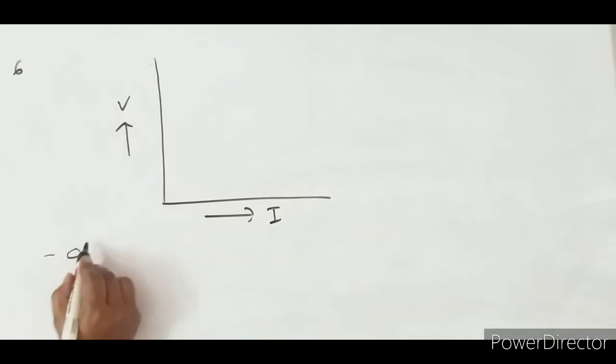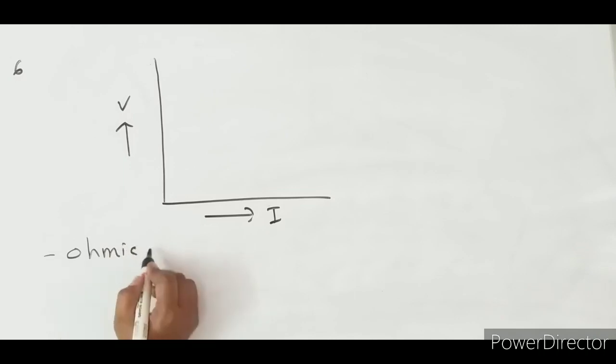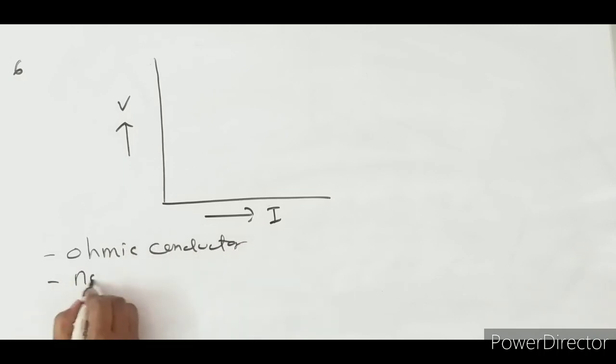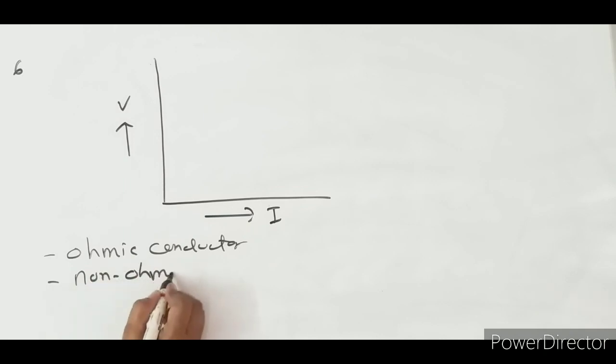One is an ohmic conductor, the second one is a non-ohmic conductor.